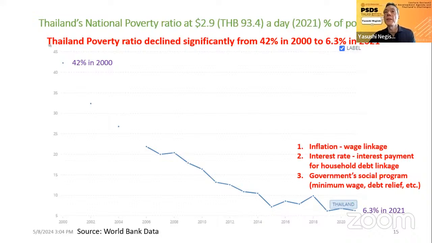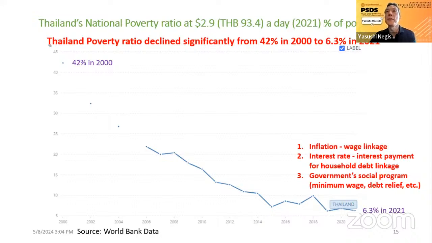For instance, during the past few years, inflation has been a major economic issue in Thailand. And if we have higher inflation, with this amount of money of the poor people, people become more in difficulty.